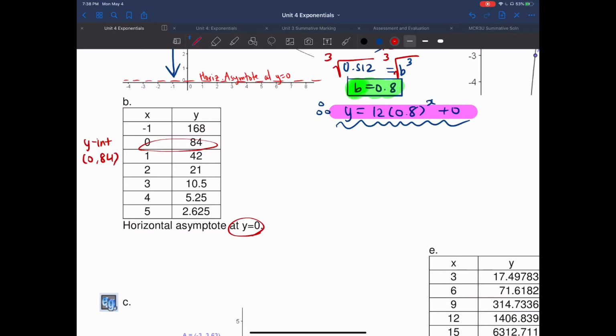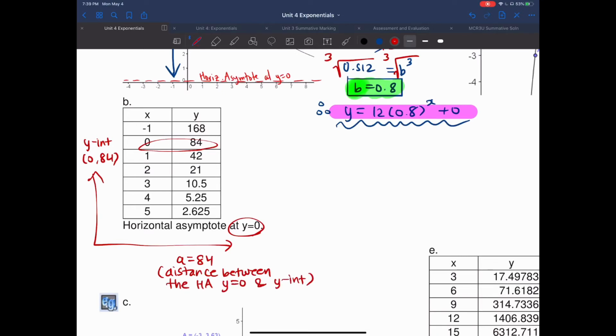Based on this fact, the distance between my horizontal asymptote and the y-intercept is 84. Therefore, I'm going to conclude that my a value is equal to 84, due to the distance between the horizontal asymptote of y equals 0 and the y-intercept of 84.